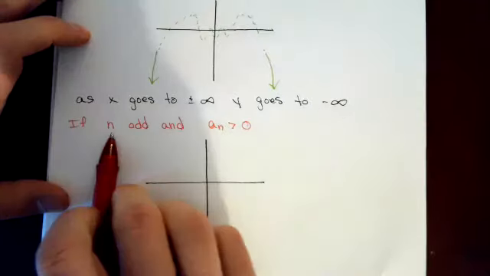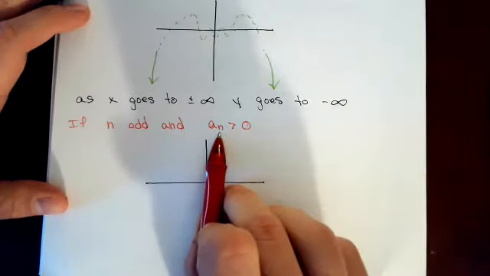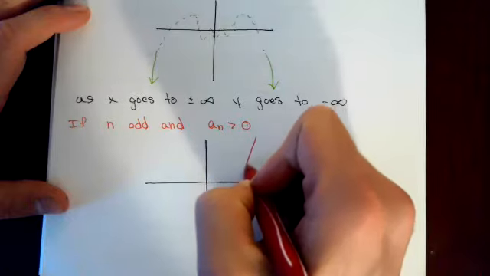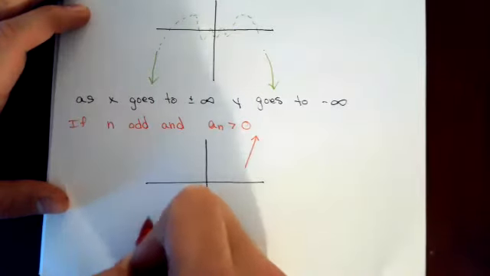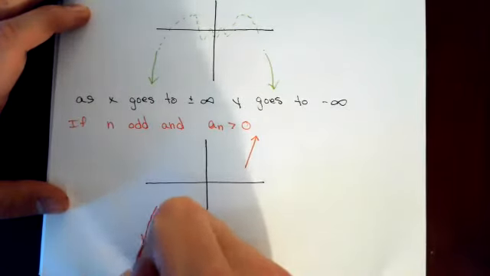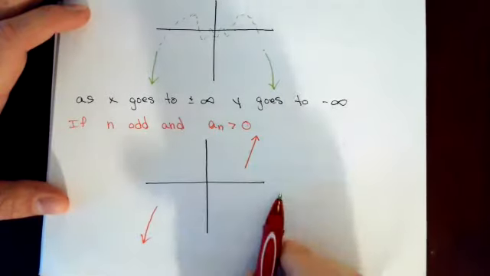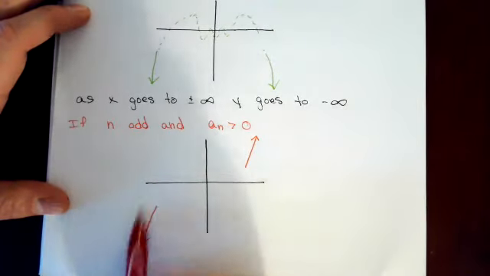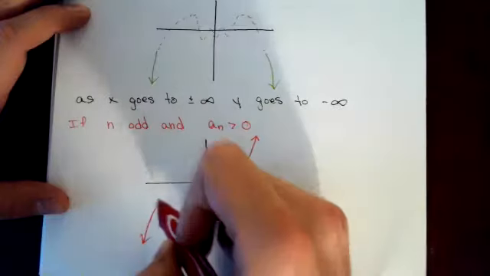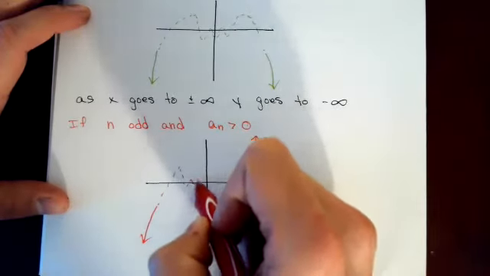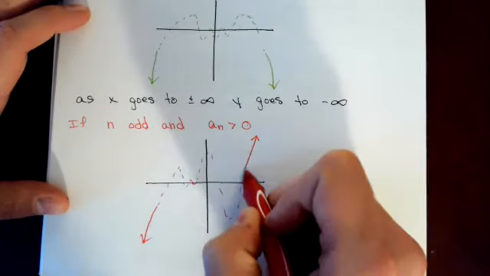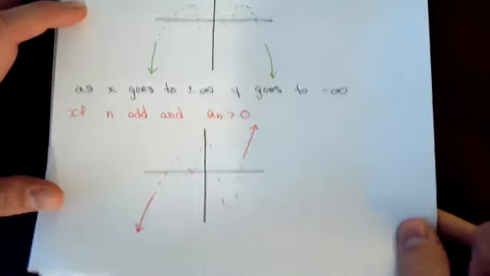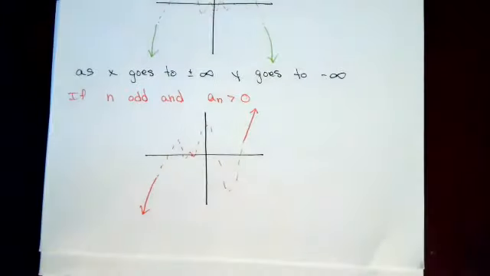With an odd degree and a positive leading coefficient, it is oriented naturally, I guess you could say. As x goes to infinity, y goes to infinity. As x goes to negative infinity, y goes to negative infinity. And make up anything that happens in between. We'll figure out how to deal with the in-betweens here on Wednesday.